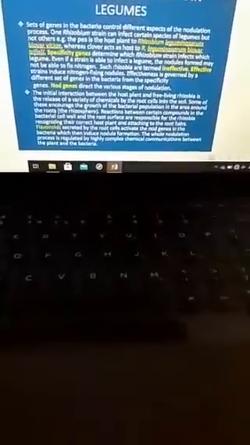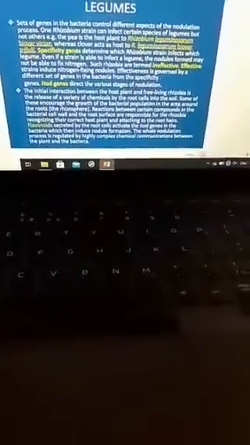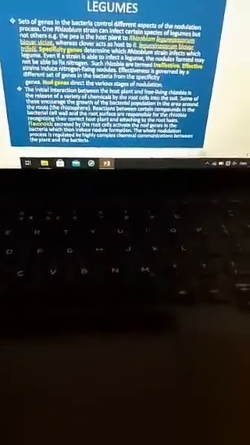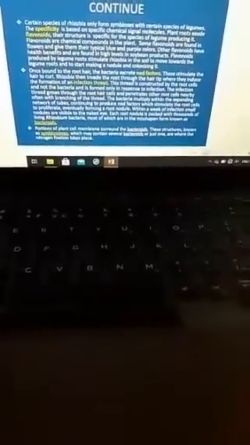The rhizobium producing certain things, the roots producing certain chemical compounds, which send a signal between the plant and the bacteria, and other things will take place until such point that the bacteria moves into the root of the plant and is accommodated into the root of the plant.